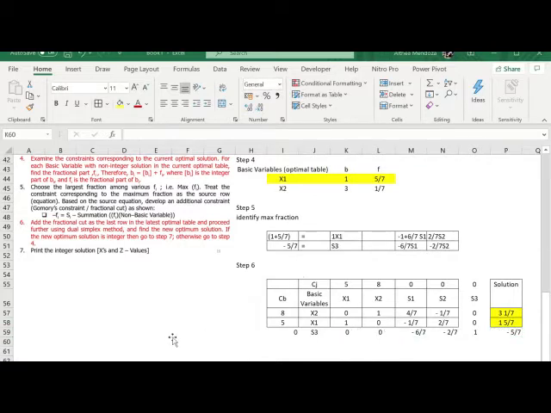Okay, next. Lagay na natin yung ZJ, tsaka CJ minus ZJ. Ayusin ko lang to, medyo magulo siya.